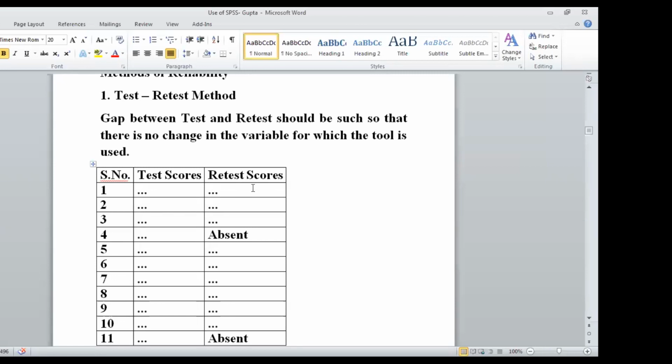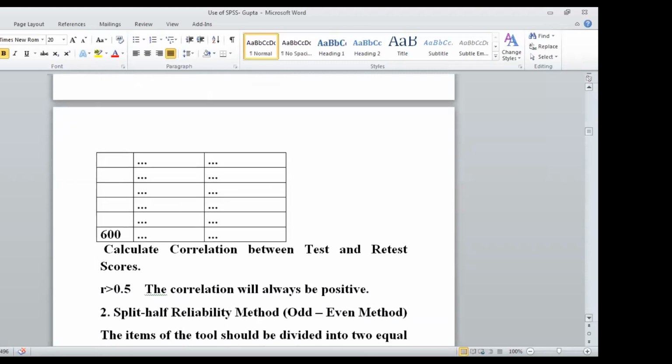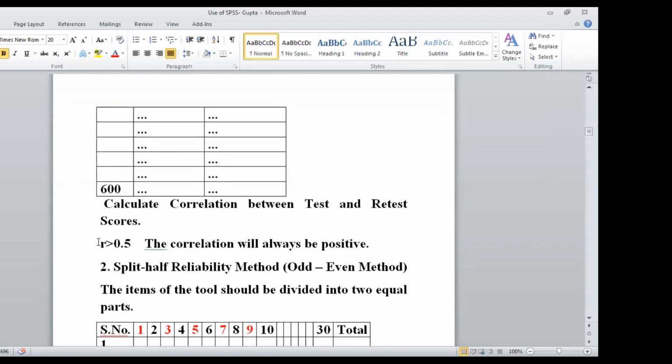So you are finding the correlation between reasoning and reasoning. So it will always be positive. And your correlation value should be greater than 0.5. If it is more than 0.5, it will be more reliable. If it is less than 0.5, it is less reliable.